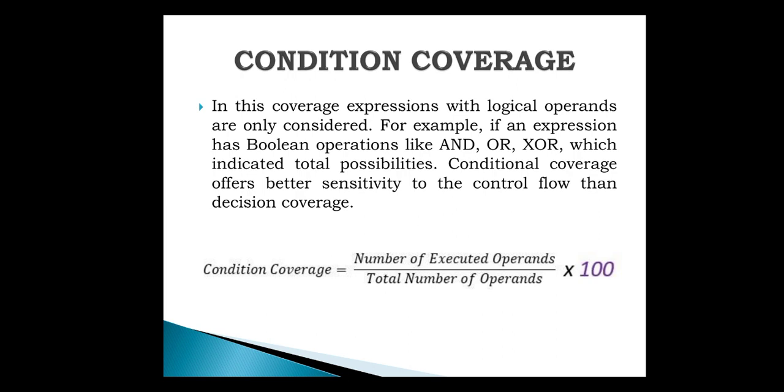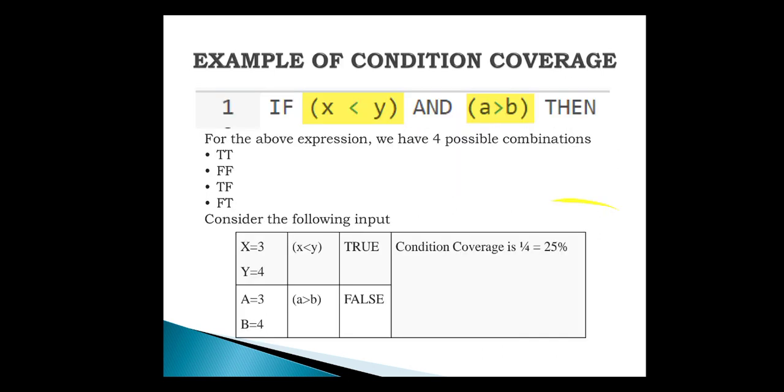So you need to check more than one condition in this condition coverage. The formula of condition coverage is the number of executed operands upon the total number of operands, into 100. So you will get the exact condition coverage of your application.